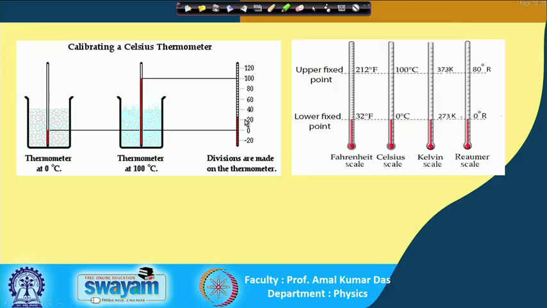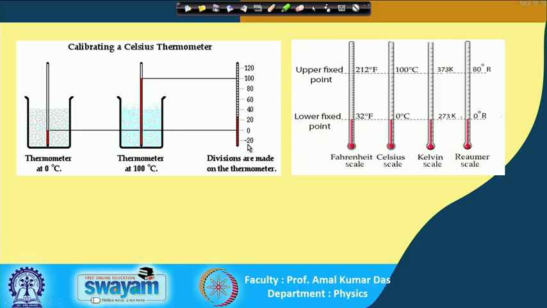Now, this is 20, this division 0, and then 20, 40, 60, 80, 100. So, this length is 20. Okay. So, below here is minus 20. I can take this same length downside, then it is below 0 degree. So, it will be minus 20.